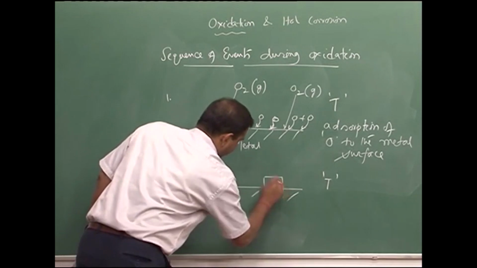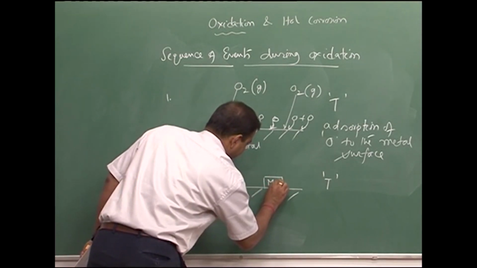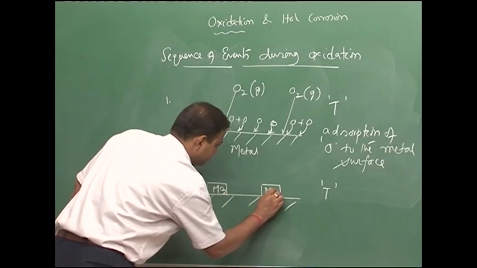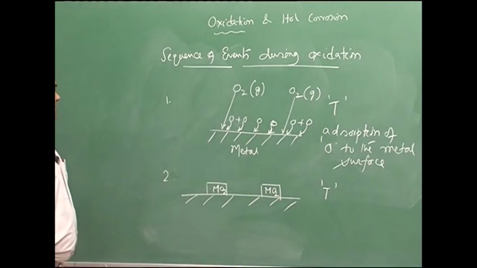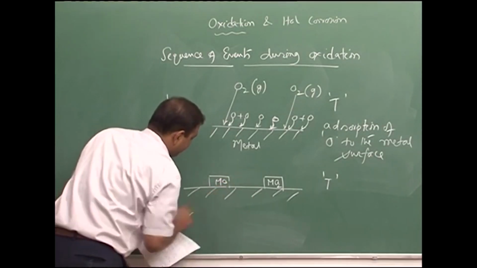So, oxides are forming. Let us say the oxide nature is MO or MO2. Let us consider the oxide nature is MO.